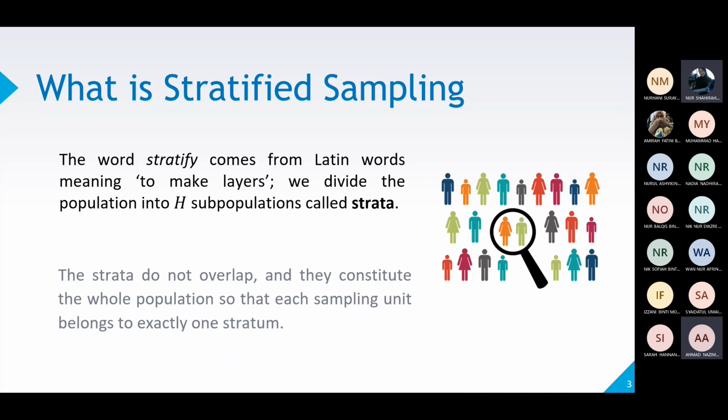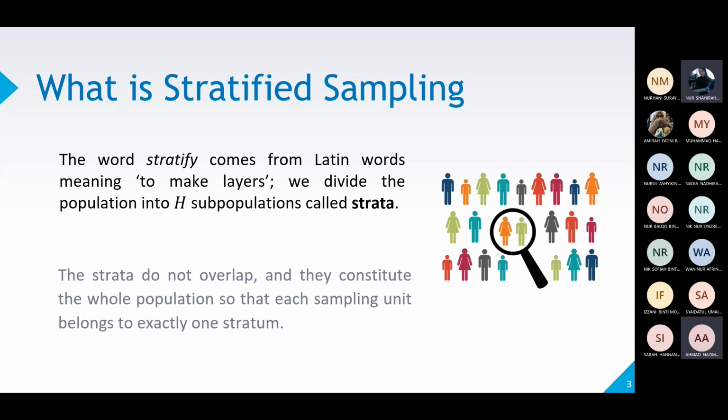If the variable we are interested in takes on different mean values in different subpopulations, we may be able to obtain more precise estimates of population quantities by taking a stratified random sample.